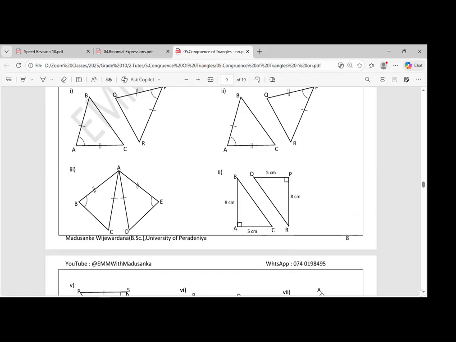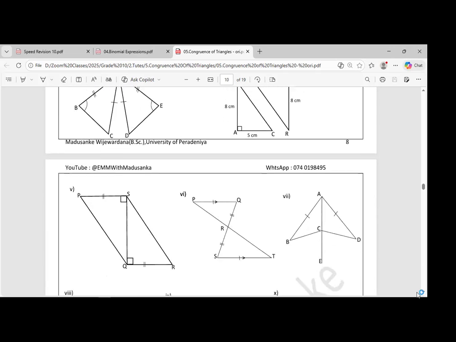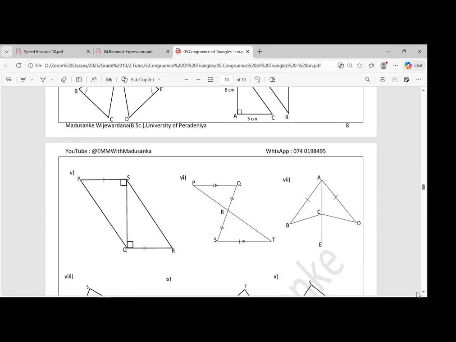Shall we do a different one? Right. So shall we do this? Appearance. Shall we do a different thing? Please do this sixth one.